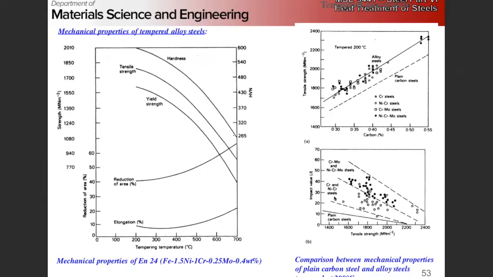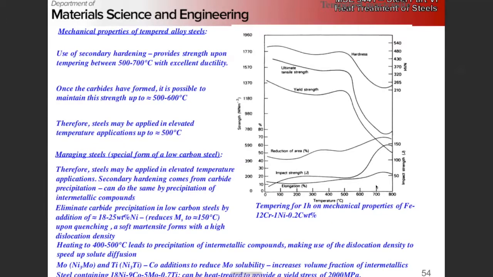But even though we have higher strengths, we also have a higher energy absorption, right? So in the alloy steels, we get better strength than plain carbon, but we also have better toughness. Ductility is not exactly the word I wanted there, but we have higher toughness, right? So this is really a driving force for why people put more alloying elements in here.